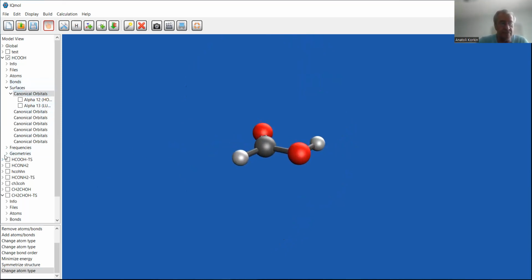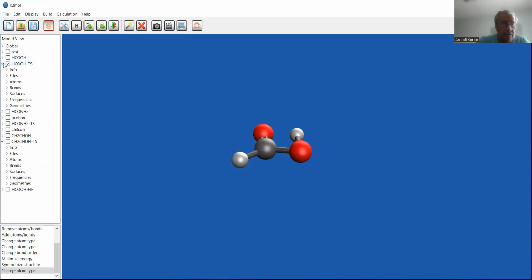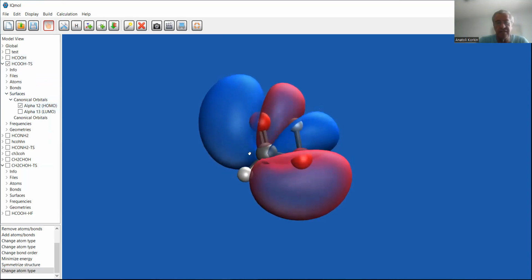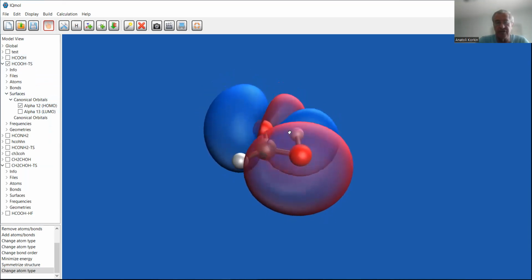For interest, let's, for example, take a look at the orbitals of a transition state. Okay, this is a transition state, and now I want to look at the highest occupied orbital for the transition state. Same as for the initial molecule, it's in the plane, and it has non-bonding character in the area of hydrogen transfer.